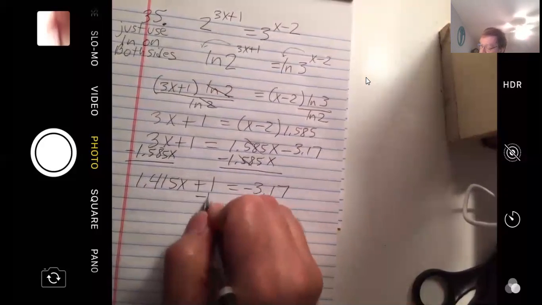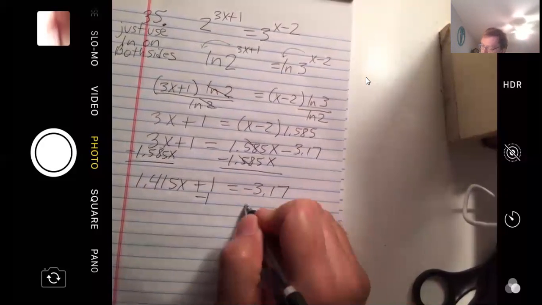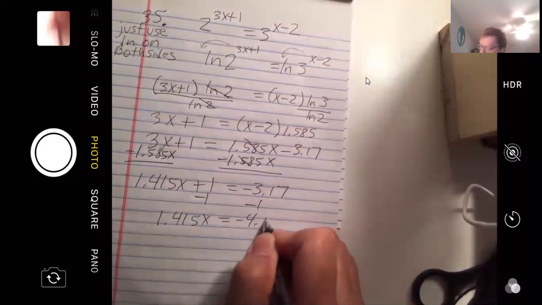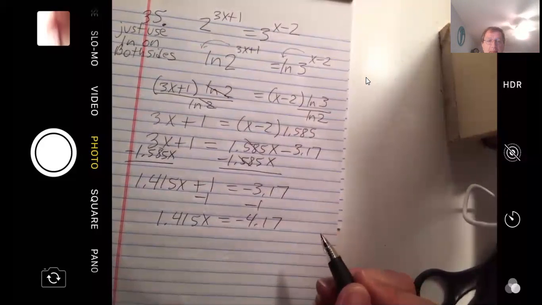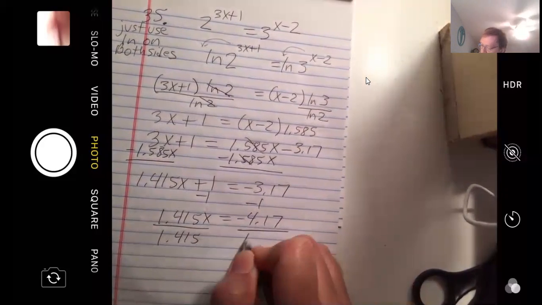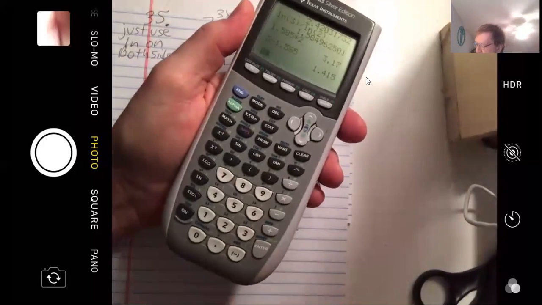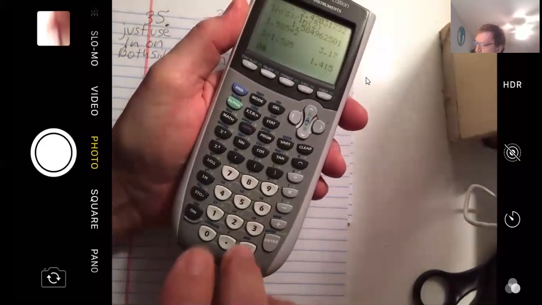Subtract 1, subtract 1. 1.415x is then negative 4.17. Final move, divide by 1.415, divide by 1.415, and you'll get the decimal. It might be off on the back of the book a little bit, but it would be close enough.